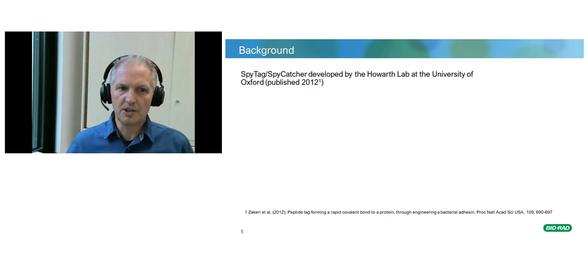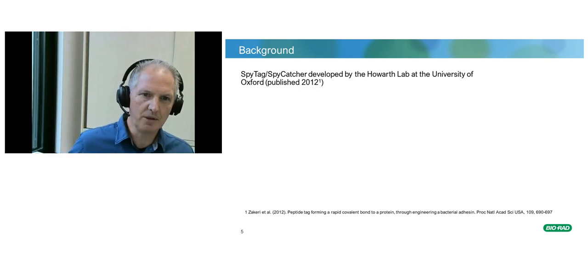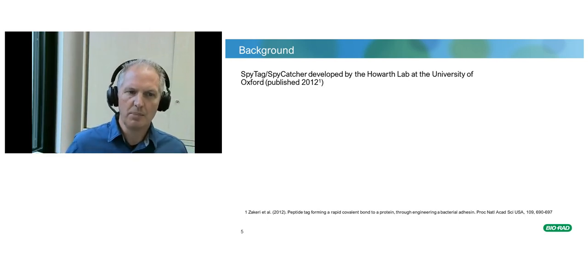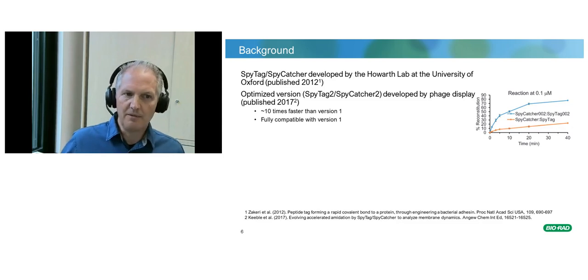The SpyTag technology was developed by the Howarth Lab at the University of Oxford, published first time in 2012, the version 1. In 2017, they published an optimized version, the SpyTag 2, SpyCatcher 2, which was optimized by phage display.